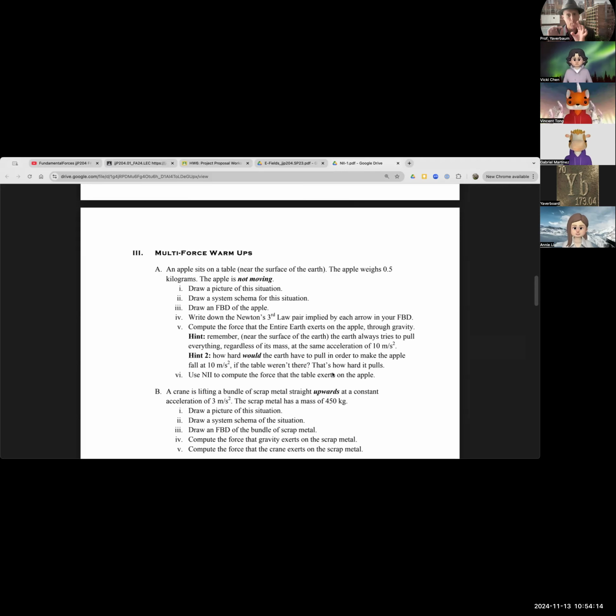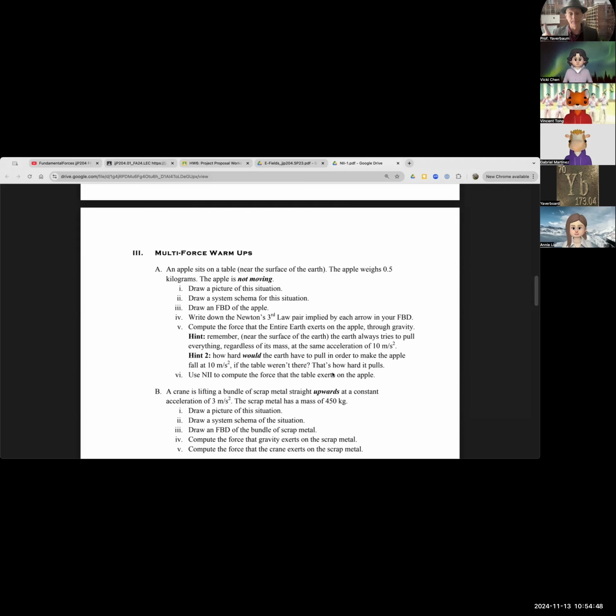When things are complicated enough, as in lab number 5, the purpose of the system schema is to make a pure free body diagram. The purpose of the pure free body diagram is to have something to break up into vector components and thereby make the component free body diagram. And it's the components that you end up adding up and putting on the left side of Newton's second law, one axis at a time, to solve any kind of complicated force problem, such as the lab.